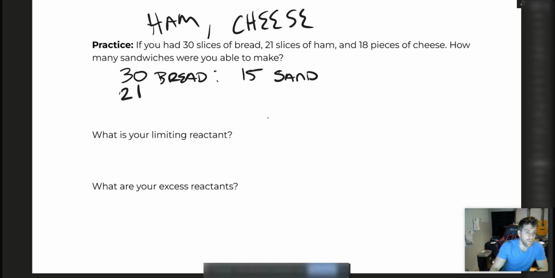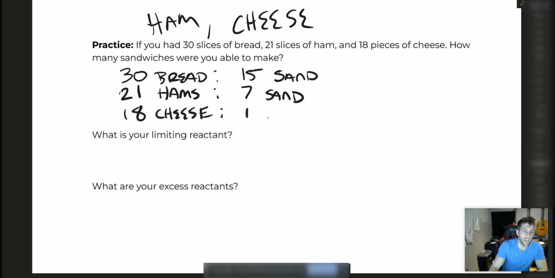And we have 21 hams. We have 7 sandwiches with that, 21 divided by 3. And then we need our cheeses. We have 18 cheese. Well, we can make 18 sands with that.